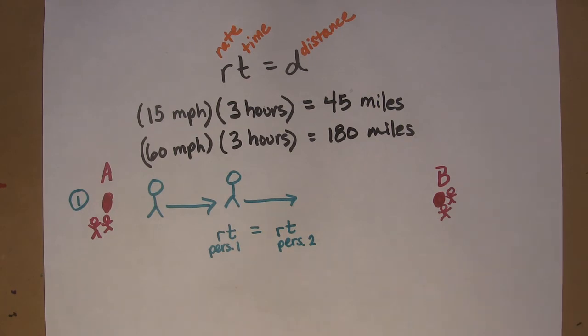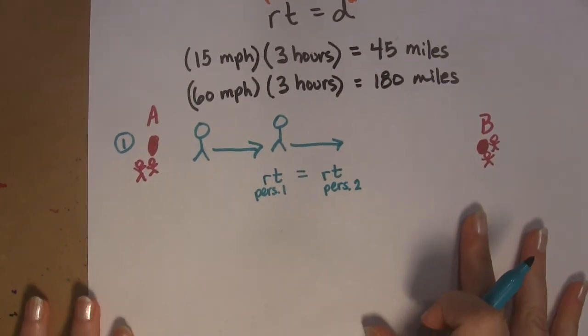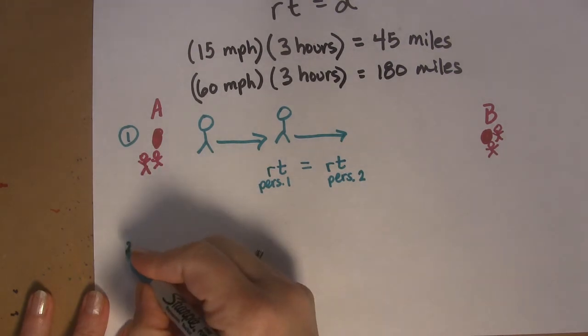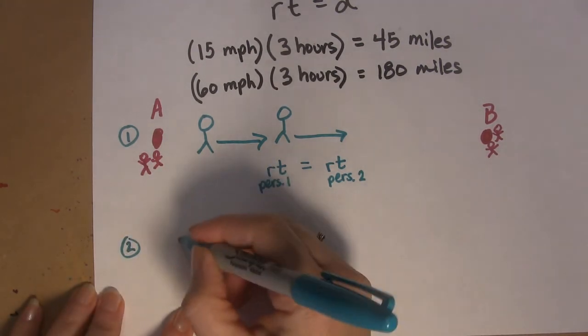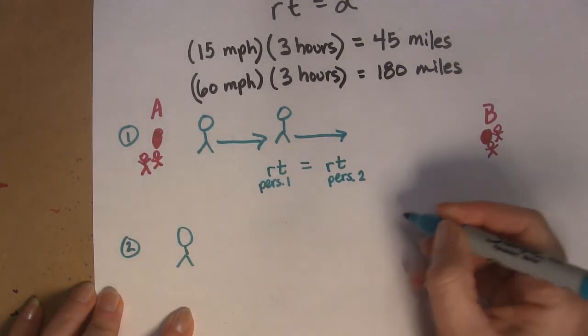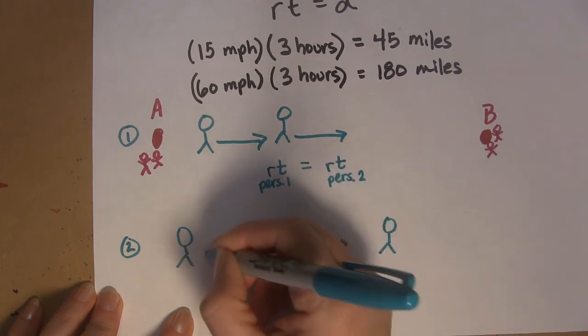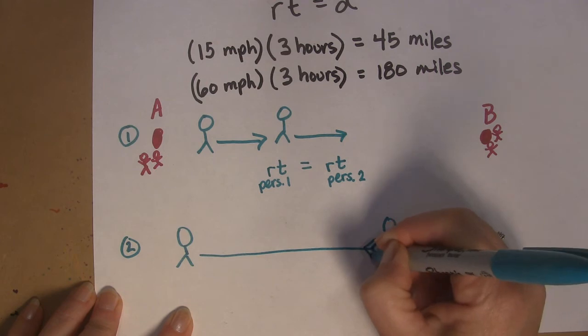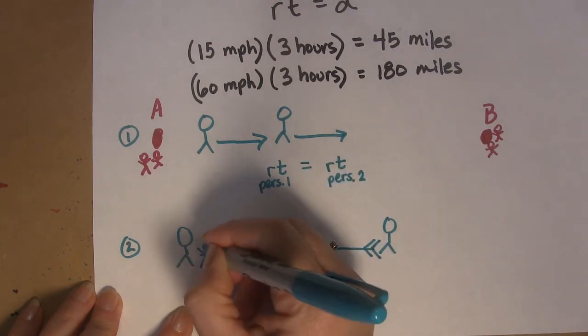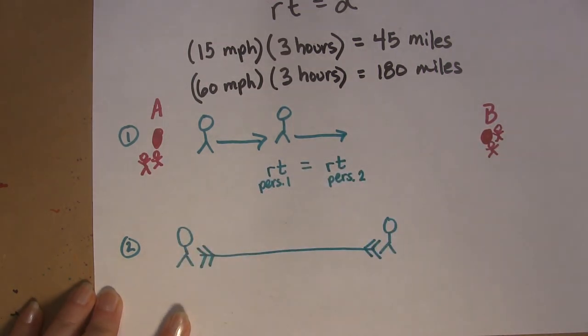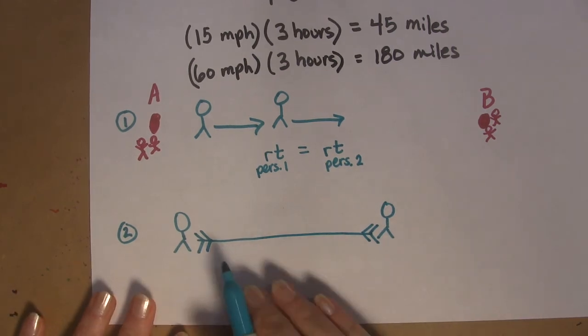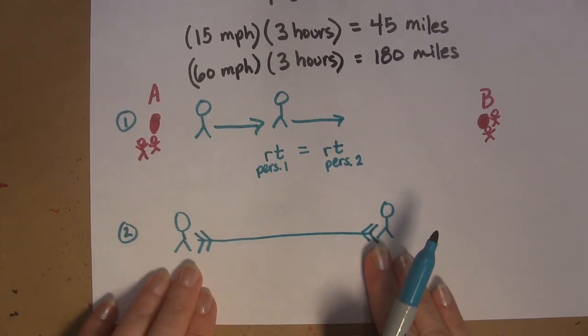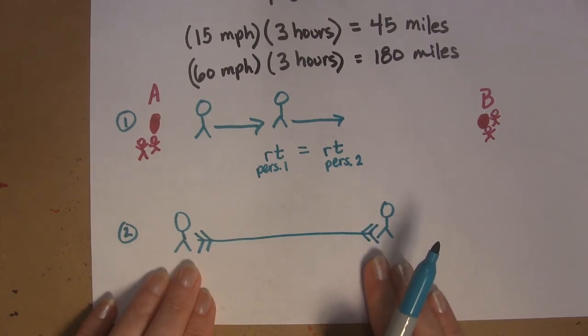Now, the second type of problem that we learn in this chapter is we have two people and they are running towards each other. So this person is running in this direction and this person is running in this direction. They might be traveling at different rates and they will probably travel different distances.